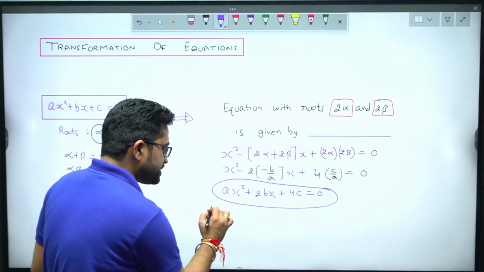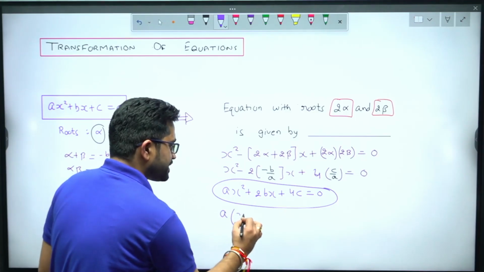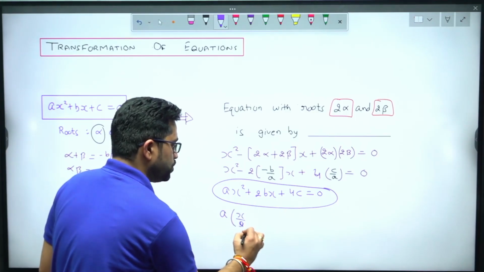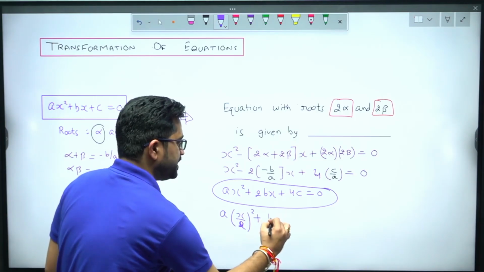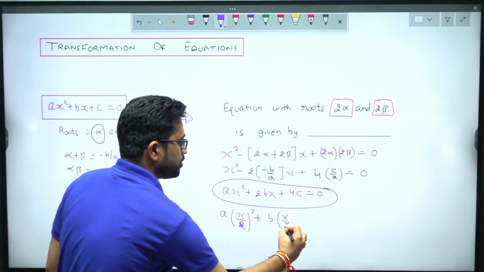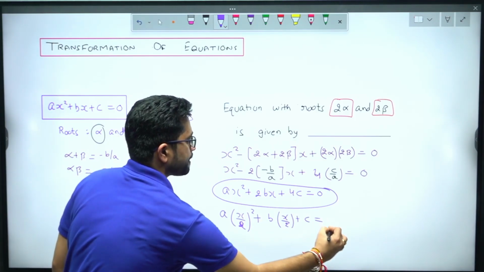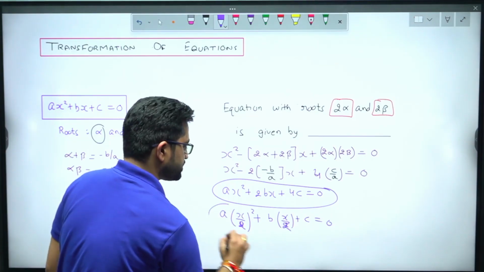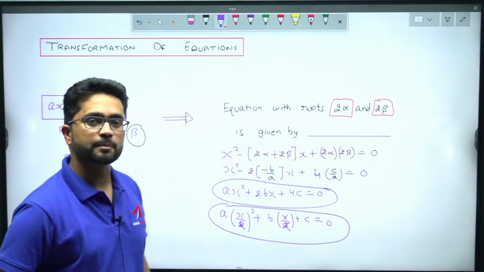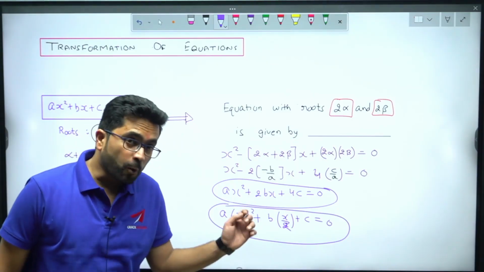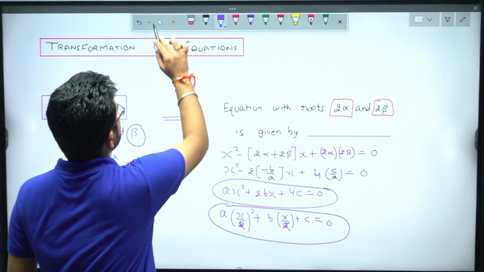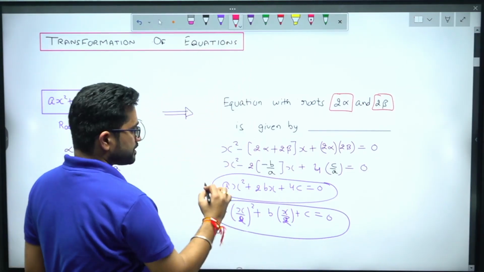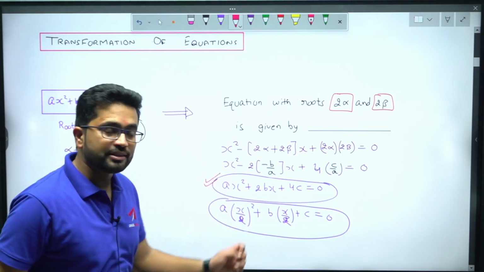Can we rewrite this equation as a times x by 2 whole square plus b times x by 2 plus c? Observe what I am doing. I have just divided this equation by 4, both sides.